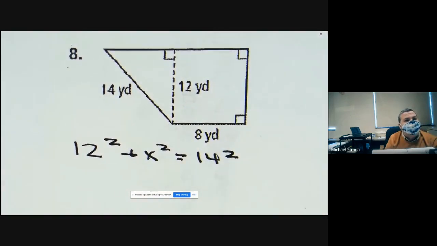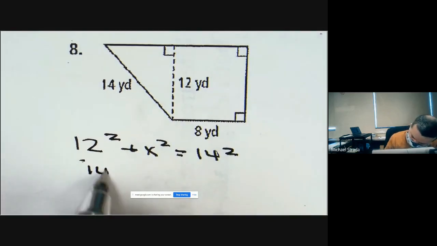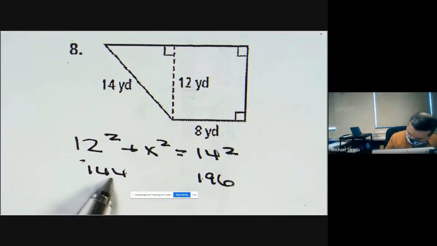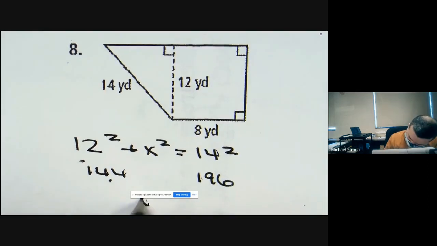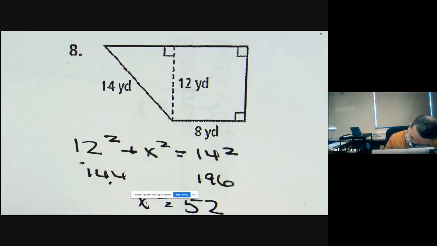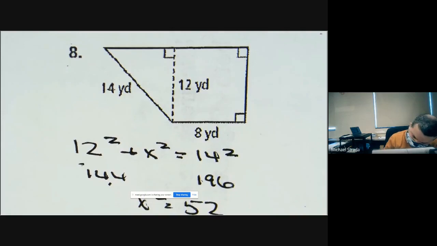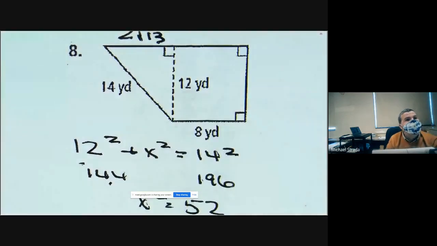The height is there, we're just missing the part of the base. 12 squared is 144. 14 squared is 196. How am I going to get rid of the plus 144? Subtract. x squared equals 52. x equals 2√13. So that means that dimension is 2√13.